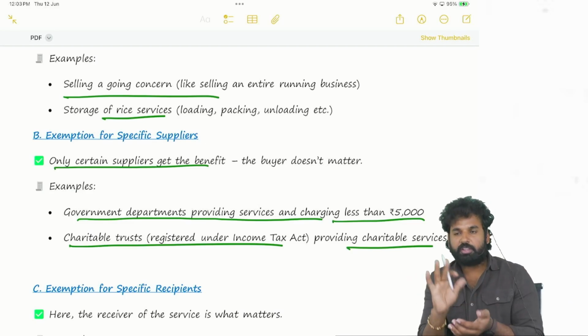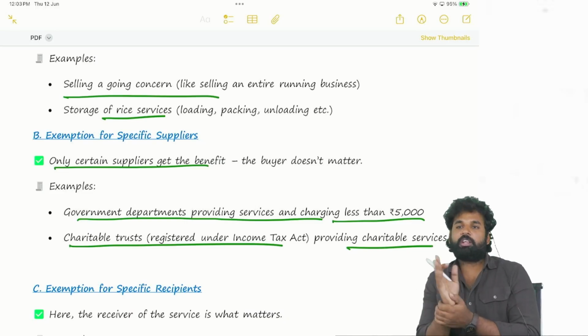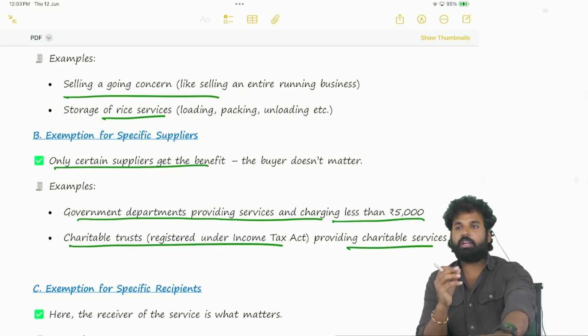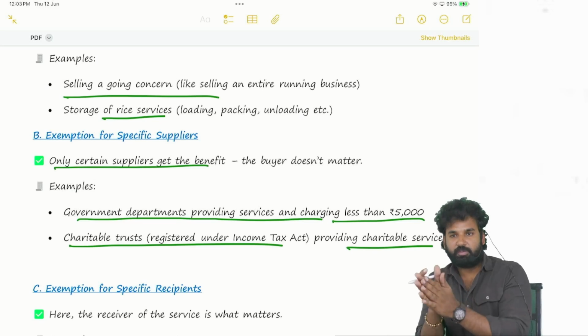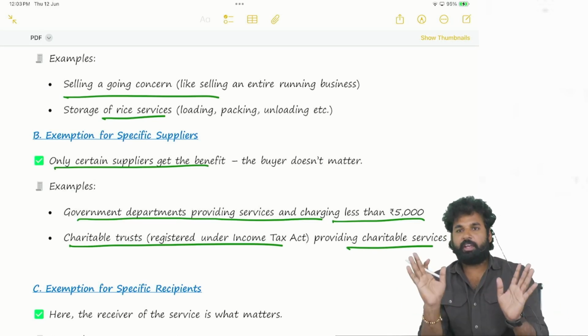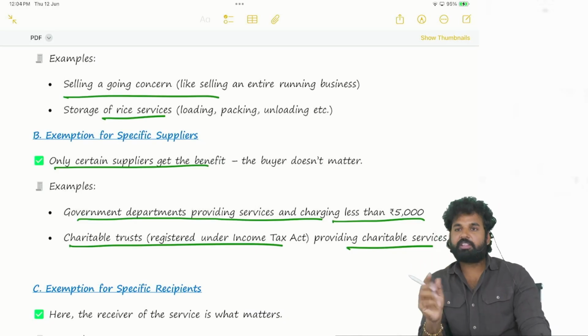To the government it is exempted, to the charitable institutions it is exempted. What the activity is, that is a different matter. If charitable trusts are doing some activity, that will be exempted. If the same activity is done by some other person, that will be taxable again. So it is a specific exemption given to specified suppliers only.